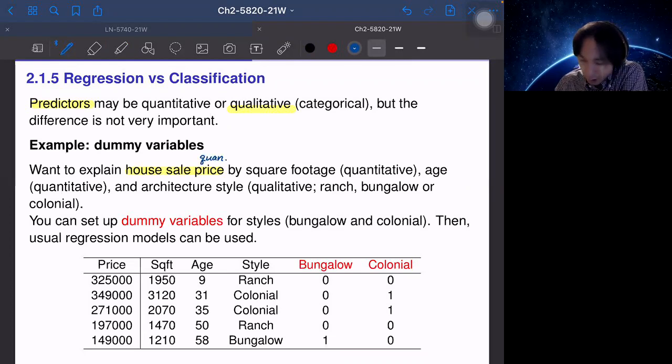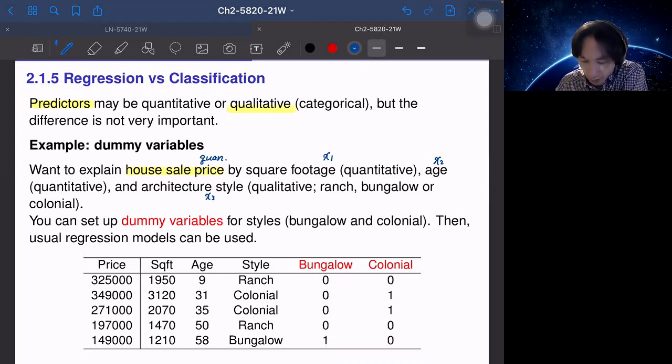And by square footage and age and the architectural style. And the square footage, okay, so this is say X1. This is quantitative. Age, X2. This is again quantitative, but the architectural style is qualitative. Okay, either ranch, bungalow, or colonial.